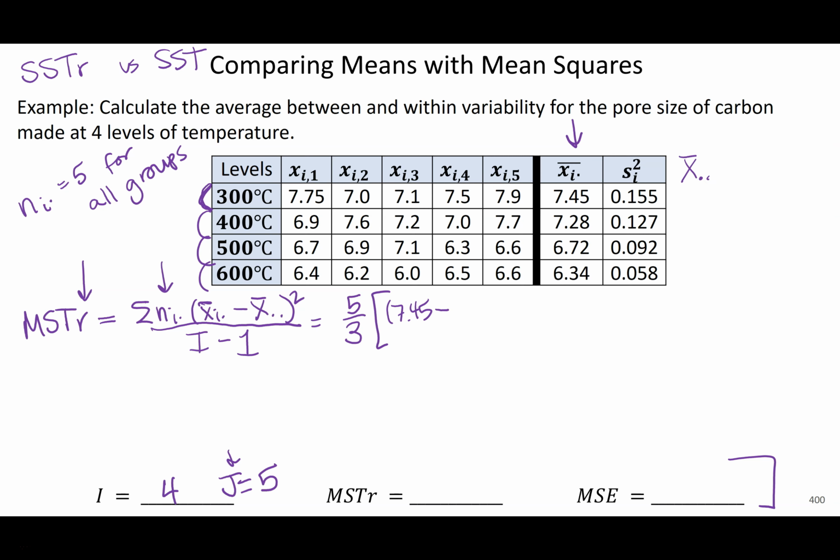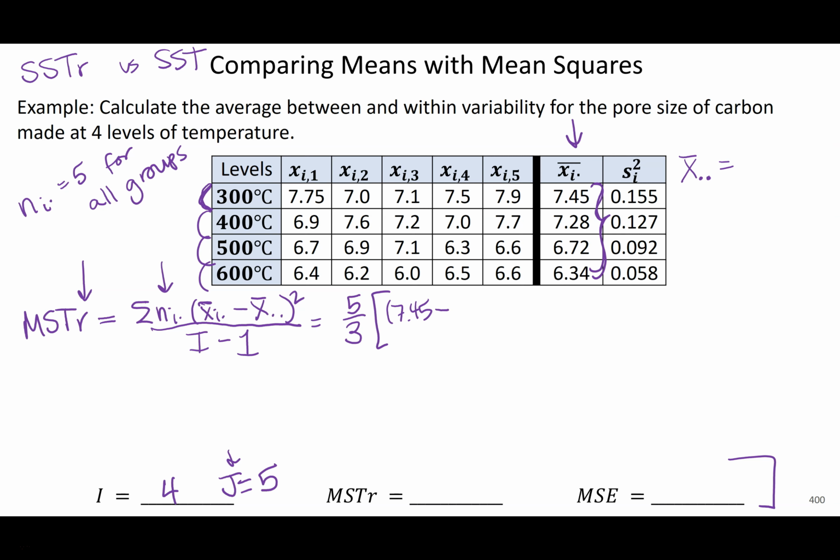We need to have the overall mean. So typically, how you would want to do that is you would add all 20 of these and divide by 20. Because you do have the same sample sizes in each treatment group, you could average these x bars. Just know that that will not work if you have unequal sample sizes.